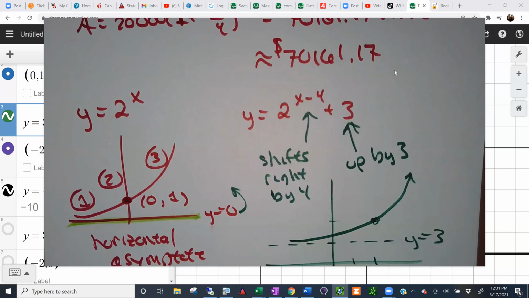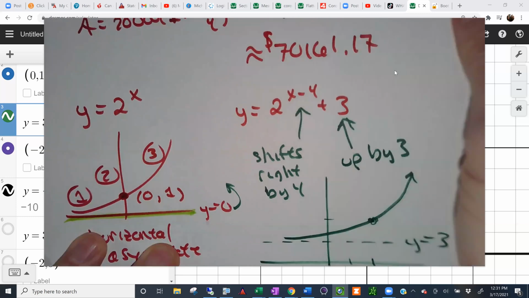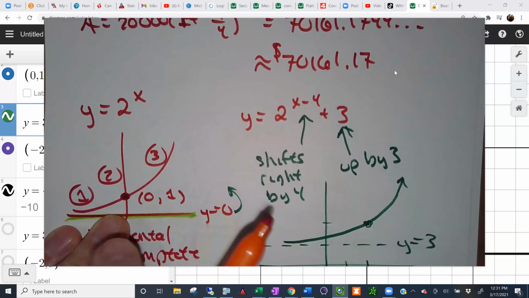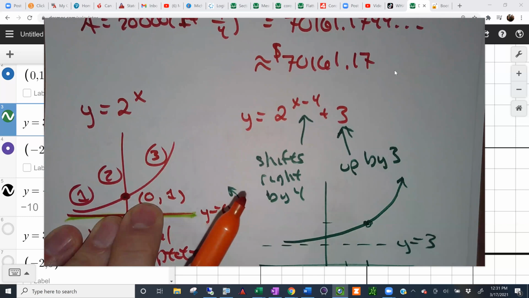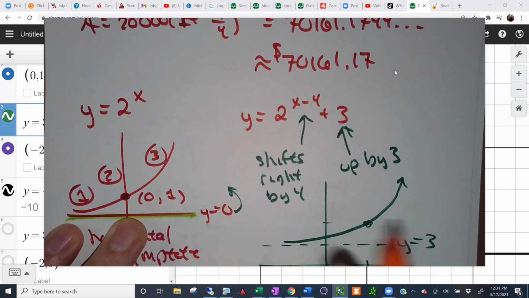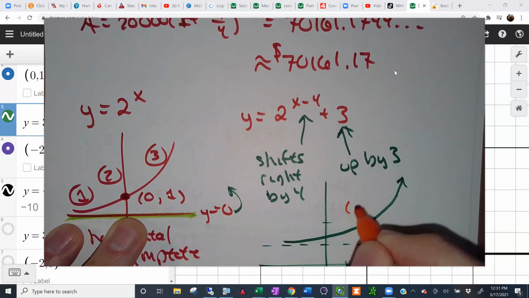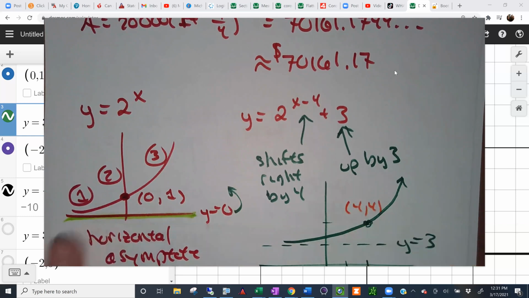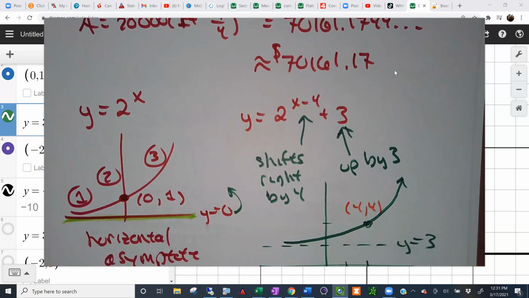Yeah, I probably should have done that myself. So if we're shifting this to the right by 4, 0 plus 4 would be 4. And then shifting up by 3, that's changing the y coordinate. So 3 plus 1 is again 4. So this point, you're exactly right. That would be (4, 4). Okay, thank you.